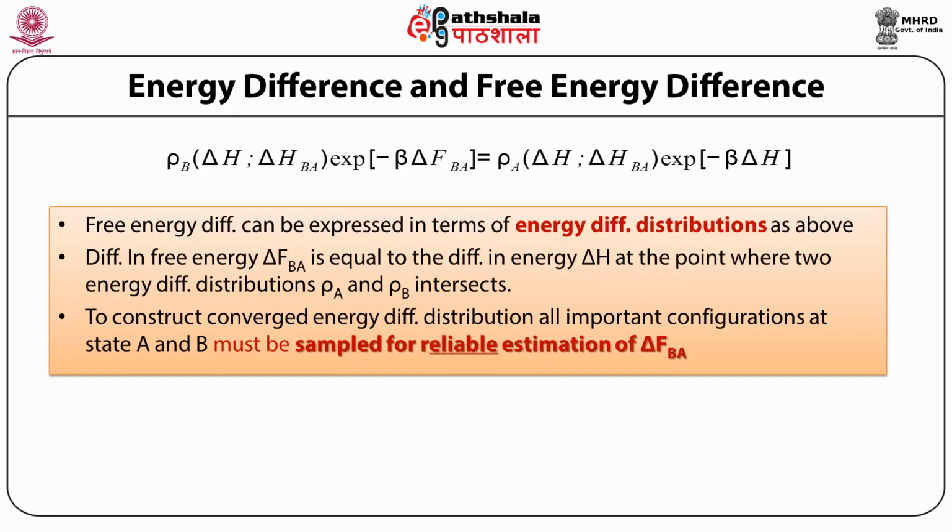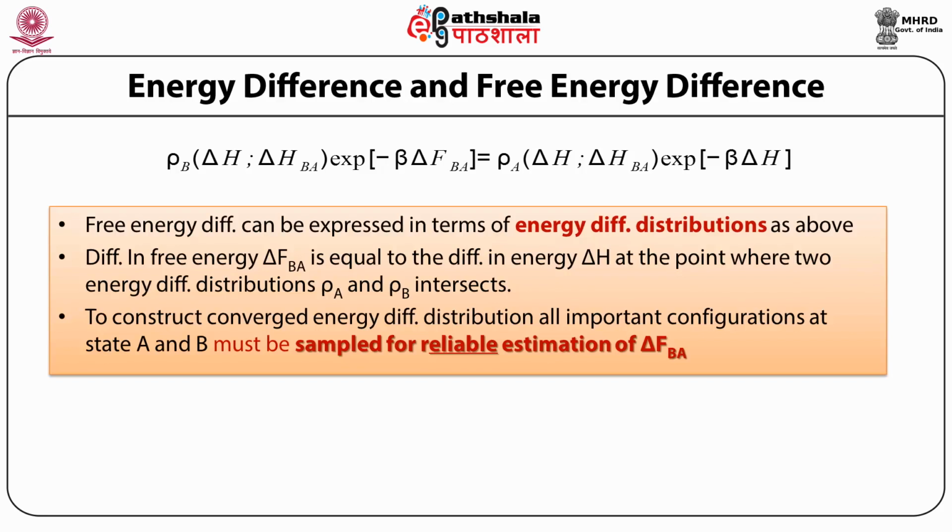These two density distributions, or functions, rho A and rho B, tell us how to do it. To construct these energy difference distributions properly, we need to go through all the possible conformational states in A and B, and they must be sampled for a reliable estimation of delta F_AB. That reliable estimation is the most important.